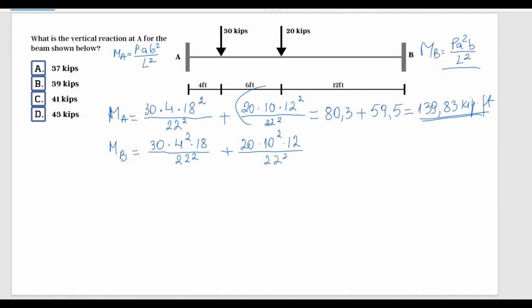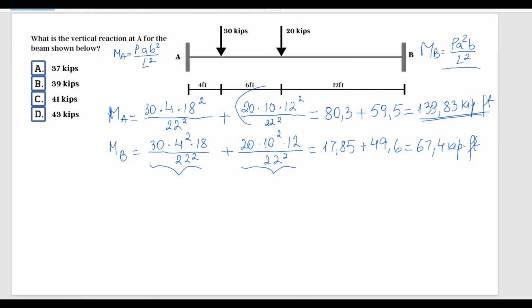So again, make sure you input your data correctly in the calculator because it's easy to make mistakes. The first value here, you're going to get 17.85. And for the second one, you're going to get 49.6. And the final value is 67.4 kip foot.